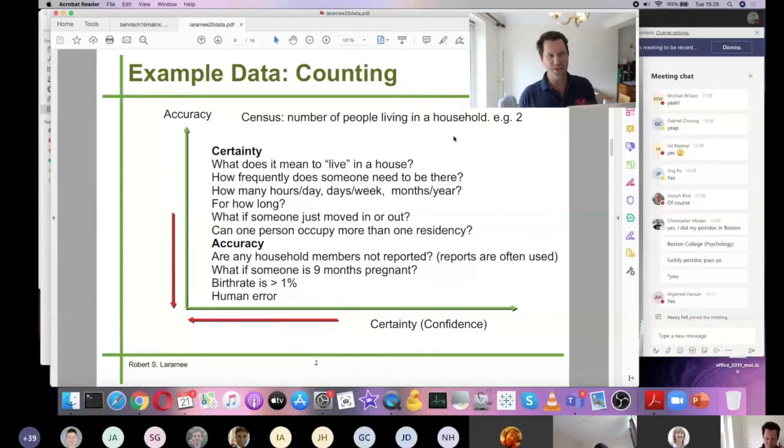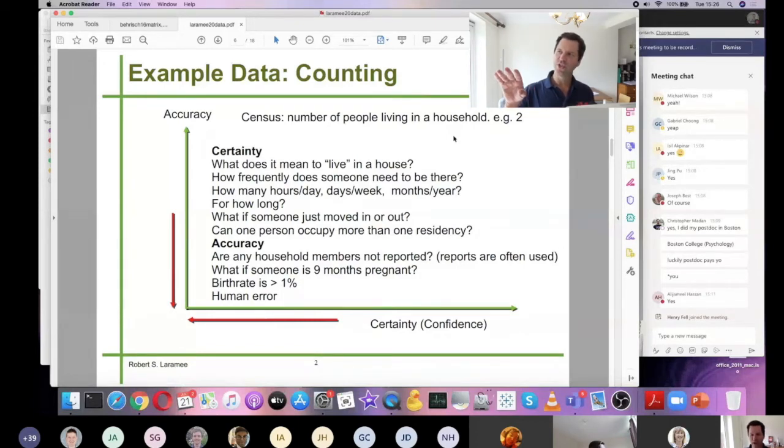So you might think that this is not a difficult exercise. What we're trying to do is count the number of people living in each house, right? Imagine we see the number 2. We think, okay, 2 people live in a house.